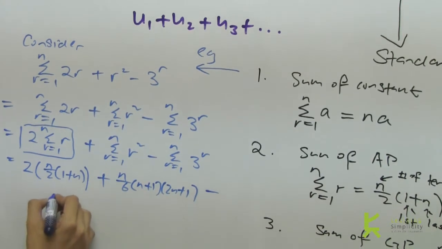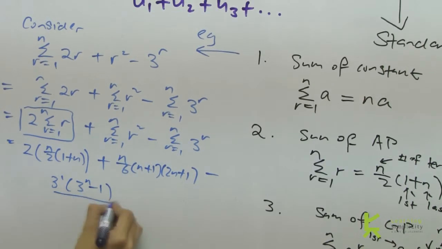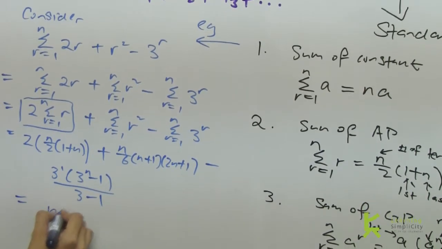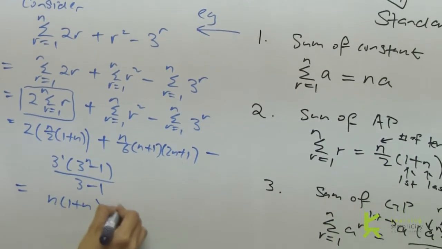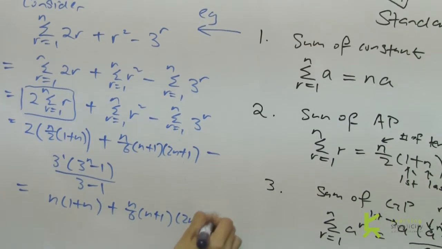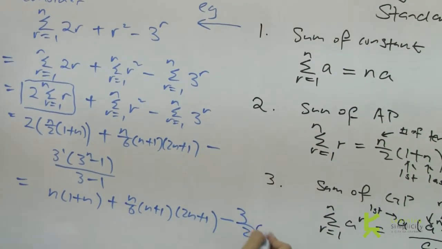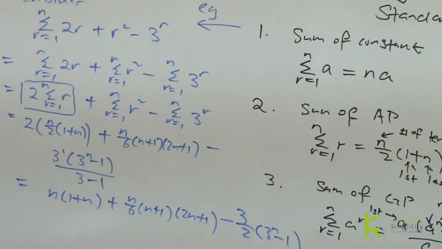So the formula will be 3 to the power of n minus 1 over 3 minus 1. Okay, if you further simplify this, you get n, 1 plus n, plus n over 6, n plus 1, 2n plus 1, minus 3 over 2, 3 to the power n minus 1.